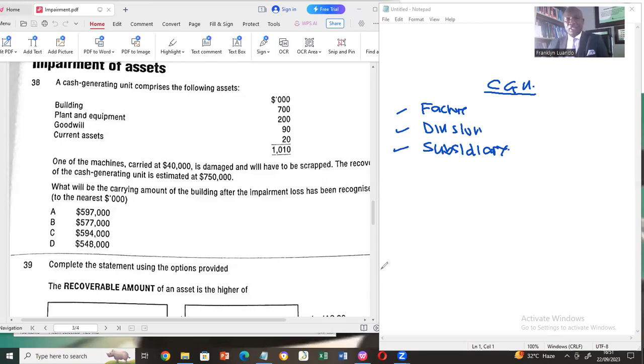Now, I want to explain the allocation of impairment loss in a cash generating unit. Allocation of impairment loss in the cash generating unit.